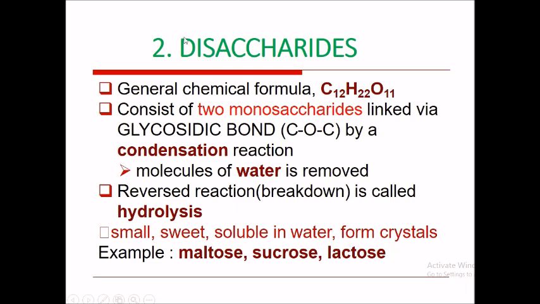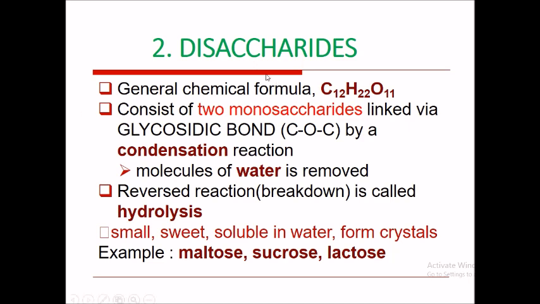Therefore, a disaccharide consists of two monosaccharides that are joined together by a glycosidic bond through the process of condensation or dehydration, where the removal of water creates a glycosidic bond between these two monosaccharides, thus forming a disaccharide. The breakdown of the disaccharide back into its monomers occurs through the process of hydrolysis.